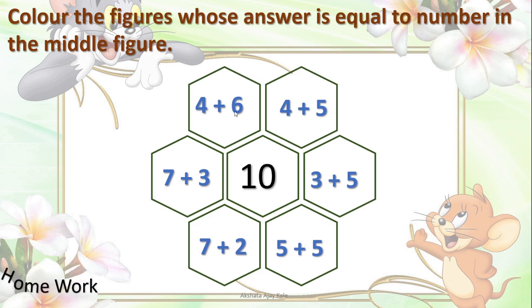Now you have to add the surrounding numbers from the boxes or from the figures. This is 4 plus 6. How much? That you have to find out. If this is equal to this number 10, then you have to color this box.